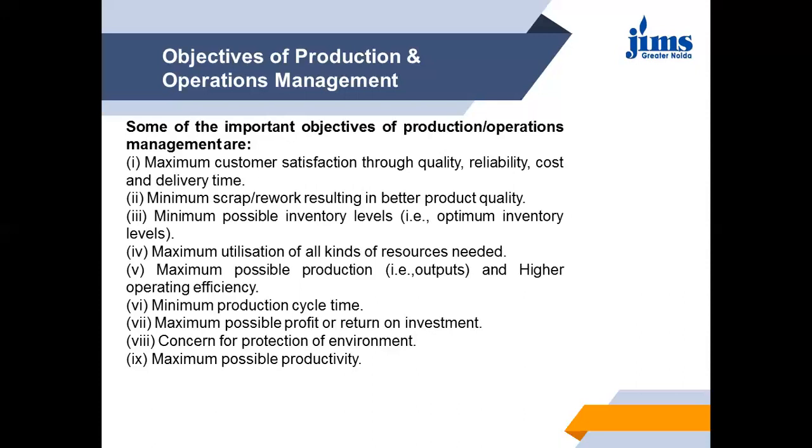Next is maximum utilization of all kinds of resources. So when I talk about all kinds of resources, I talk about my machines, my money, material, that is raw material, my men, and my processes. So all human and non-human, or physical and human resources, should be optimally utilized without their exploitation and without leading to problems.